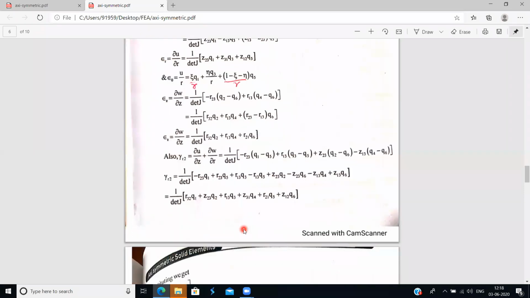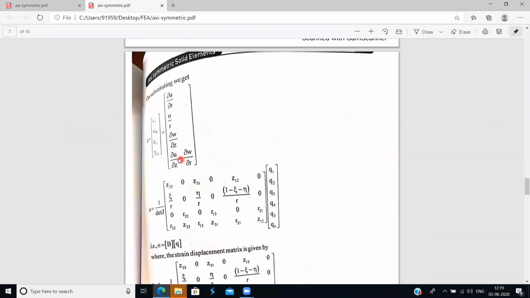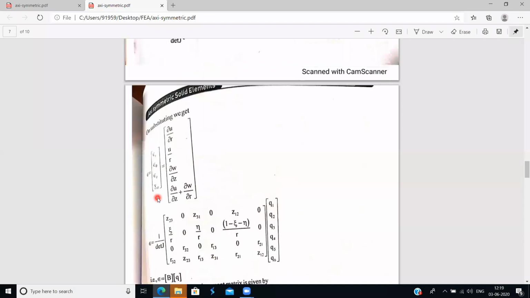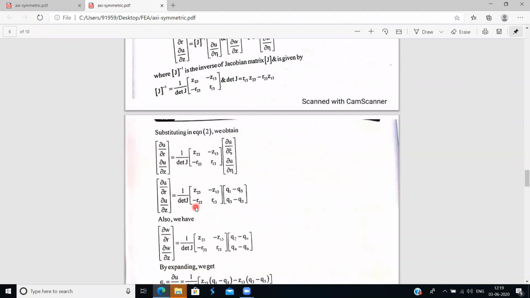Now substituting everything in the matrix. We have the total epsilon, with epsilon r, epsilon theta, epsilon z, and gamma rz. Substitute the values. 1 divided by determinant of J is common for all the terms here.